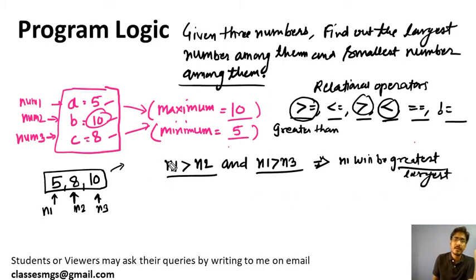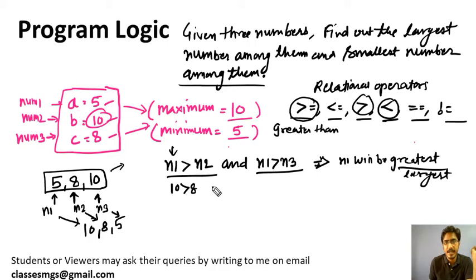Let's suppose this list is given like this: 10, 8, 5. We have n1 10, n2 8, and n3 5. Then if number 1, 10, is greater than 8, and 10 is greater than number 3, 5, also, then this will return true, this will also return true.